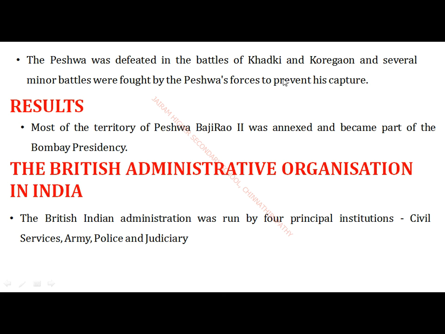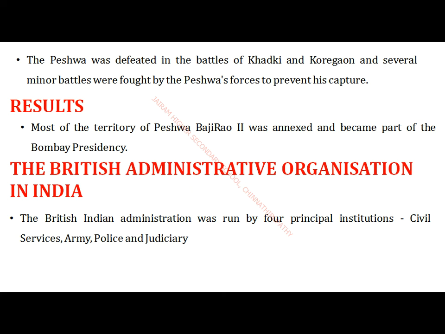For the purpose of preventing his capture, they wanted to recapture the places held by the Britishers. So the Peshwa fought battles against the Britishers. What were the results after the war? Most of the territory of Peshwa Bajirao II was annexed and became part of the Bombay Presidency.